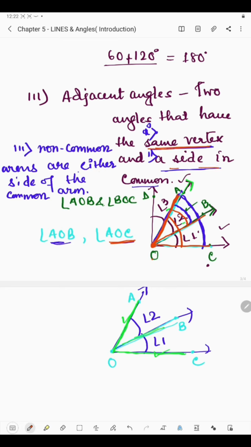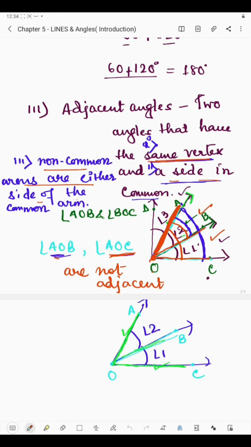This side is common here, OA. But the non-common arms are not on either side. See here, if we are considering this, we don't have the non-common side on both sides, isn't it? So we cannot say that these two are adjacent. These two are not adjacent. Okay.